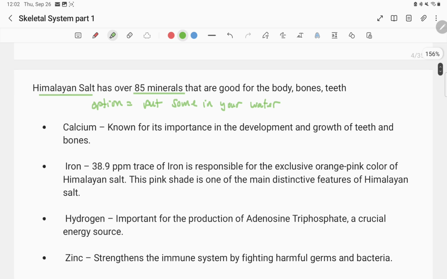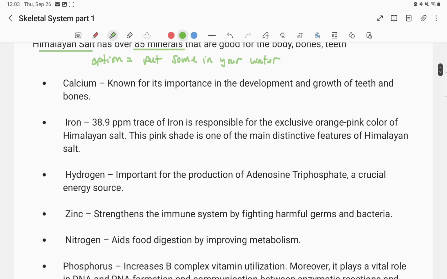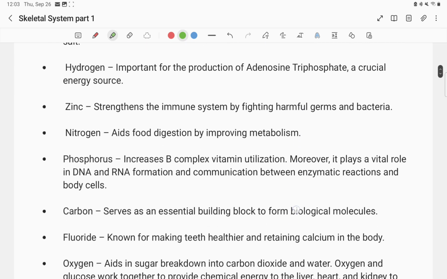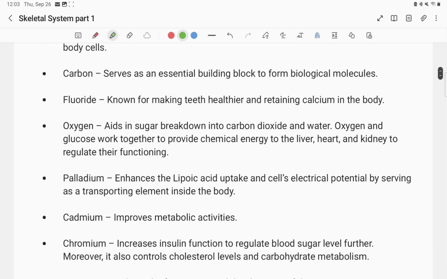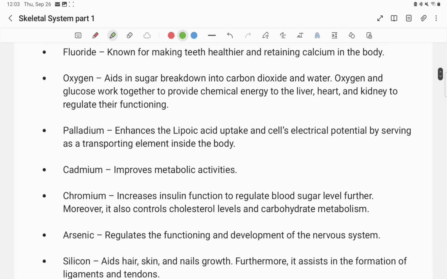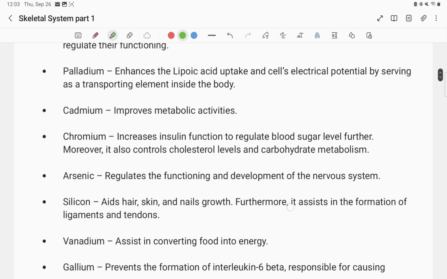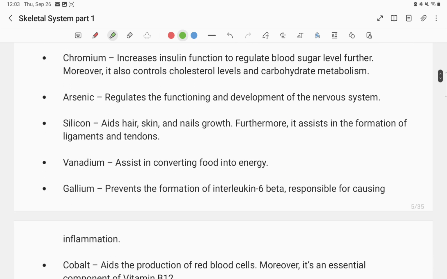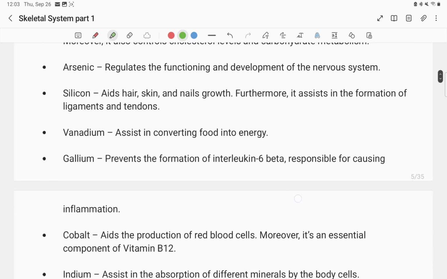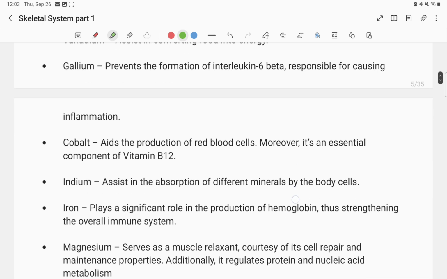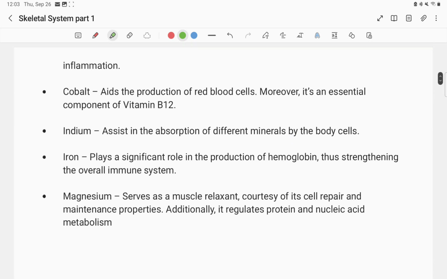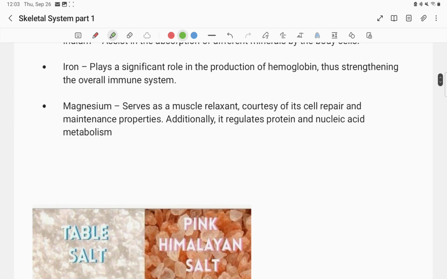Here's some examples of that. So calcium, iron, hydrogen, zinc, nitrogen, phosphorus, carbon, fluoride, palladium, cadmium, chromium, arsenic, silicon, vanadium, gallium, cobalt, indium, iron, magnesium. Okay, just to name a few.